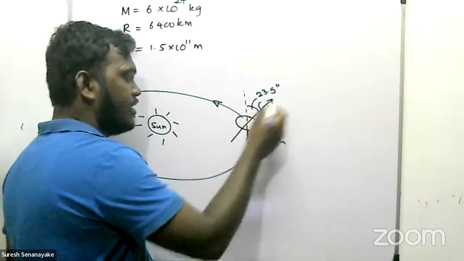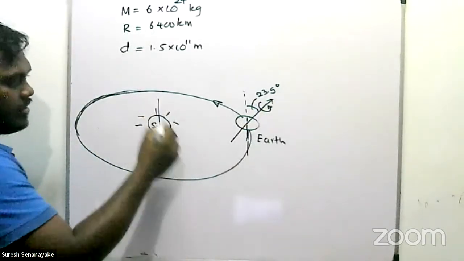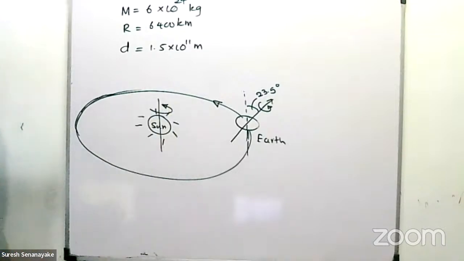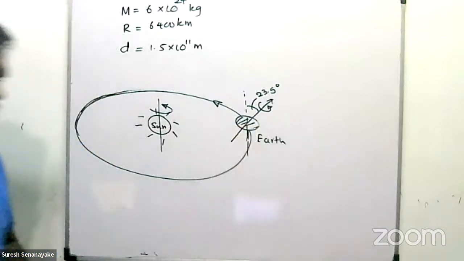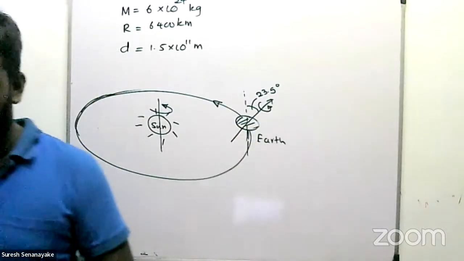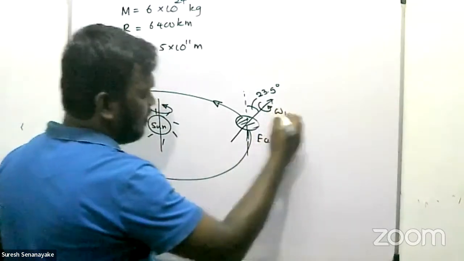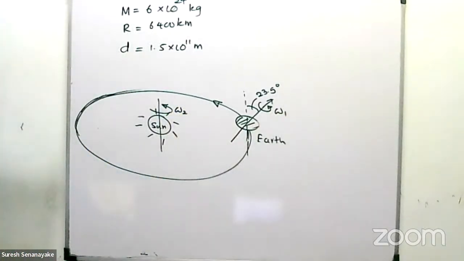The Earth also moves around the Sun, and we calculate with the angular velocities omega 1 and omega 2.